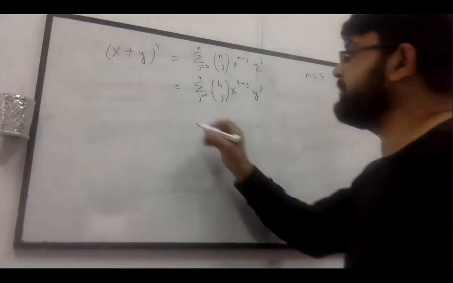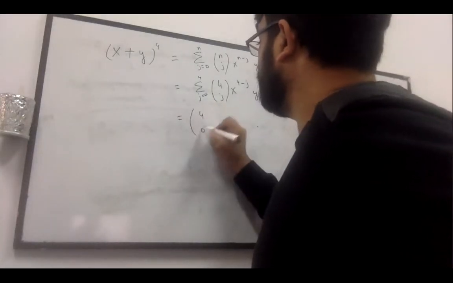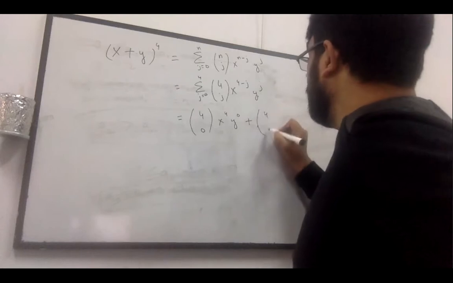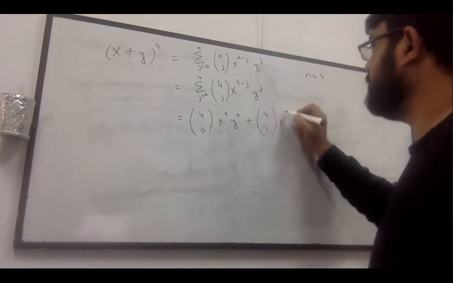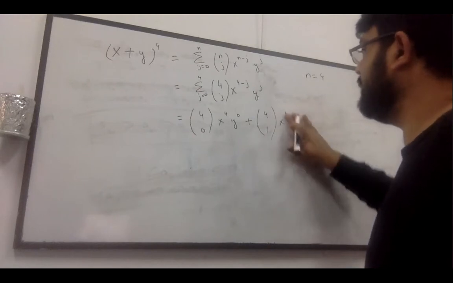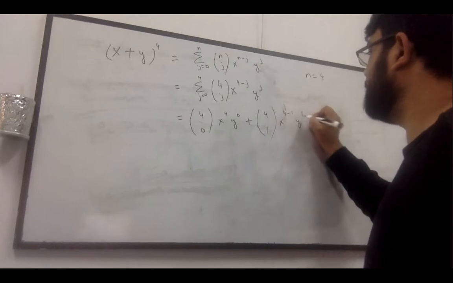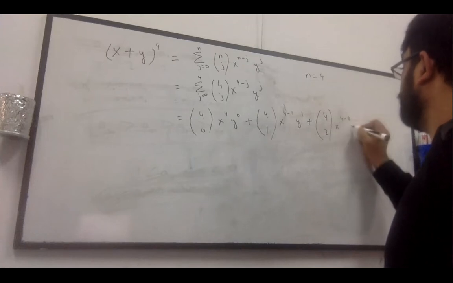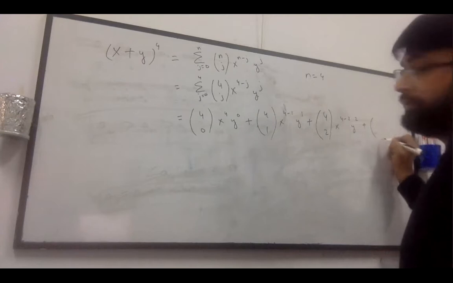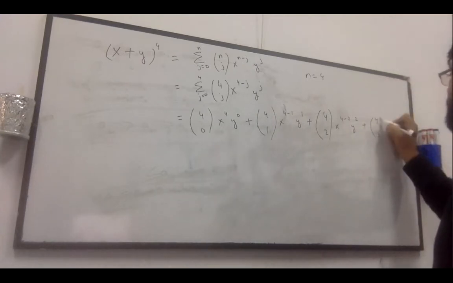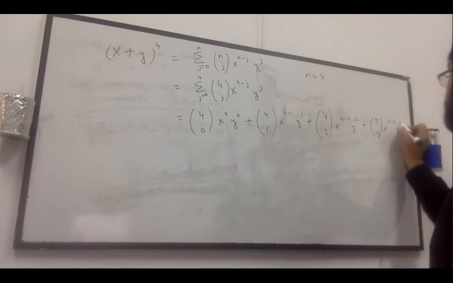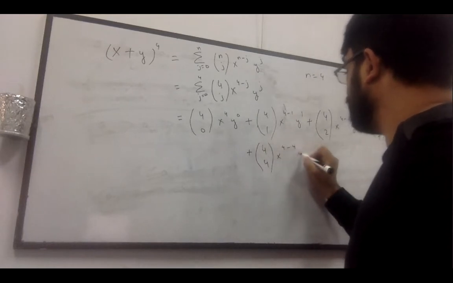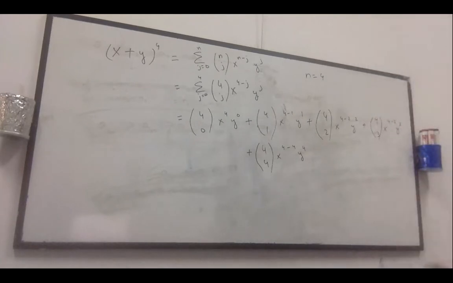By this simple expansion, I'm going to get C(4,0) x^4 y^0 plus C(4,1) x^(4 minus 1), which is x^3, y^1, plus C(4,2) x^(4 minus 2) y^2, plus C(4,3) x^(4 minus 3) y^3, plus C(4,4) x^(4 minus 4) y^4, right? So these are the terms that are there.